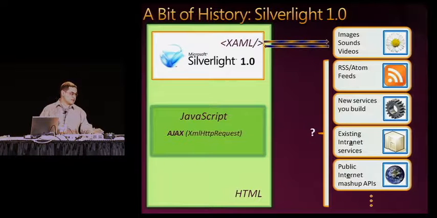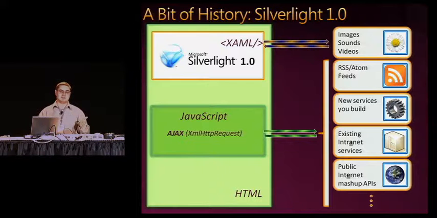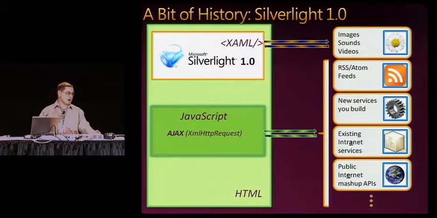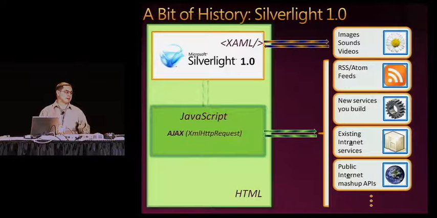And using those AJAX techniques, it could talk to these services, or at least to some of these services. And then also the same JavaScript code could then interact with your Silverlight control. And so you had this indirect and often very inefficient and hard to use channel to these different service types.